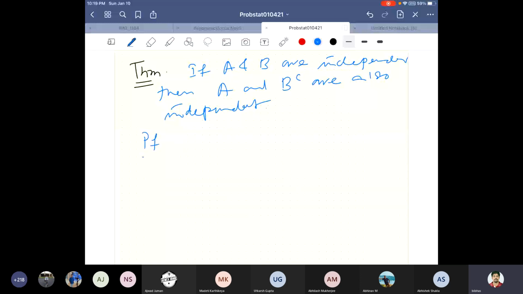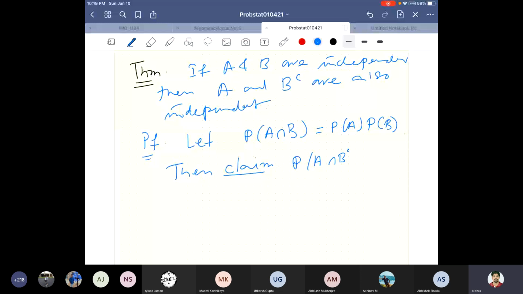If you want to prove this, you have to assume P of A intersection B is equal to PA times PB, and then the claim here, what you want to prove, is that the probability of A intersection B dash, or B complement, is equal to probability of A times probability of B complement, which is equal to probability of A times 1 minus probability of B. So what you want to show is PA minus PA times PB.